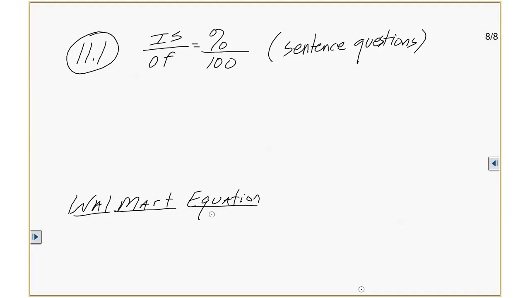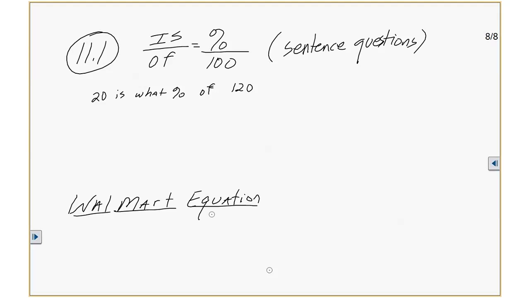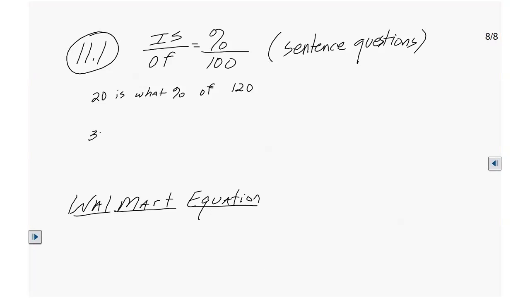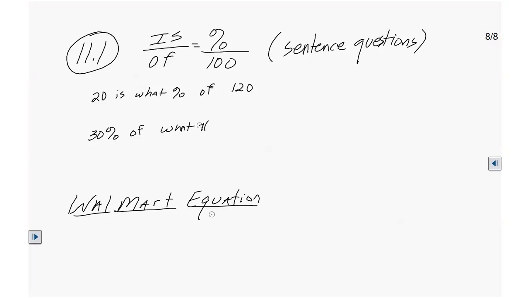If you haven't seen them, you've seen them on standardized tests, or on past tests. 20 is what percent of 120? 30% of what number is 13?